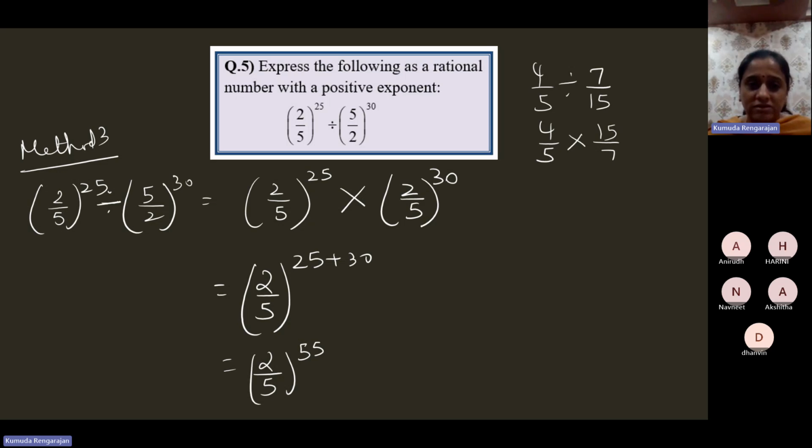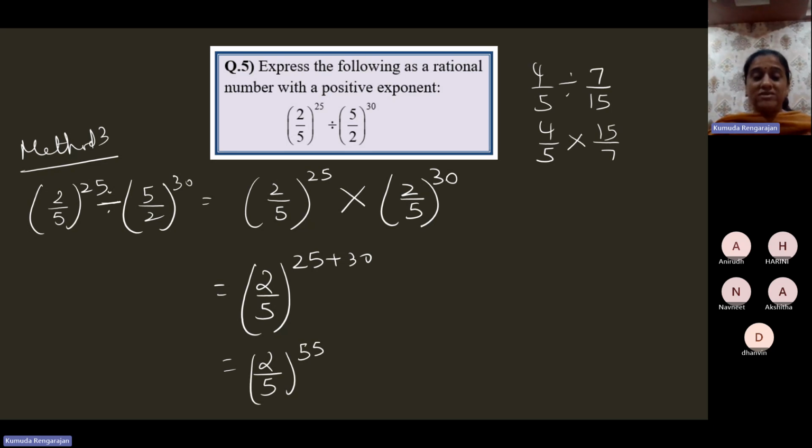So the three different methods are, method 1 is having both in the base 2 by 5. Method 2, having both in the base 5 by 2. Method 3 is changing the division symbol to multiplication and writing the reciprocal of the second term. And while writing the reciprocal, we need to choose which way.